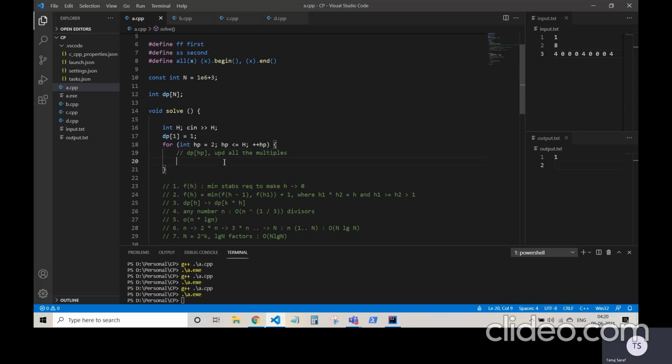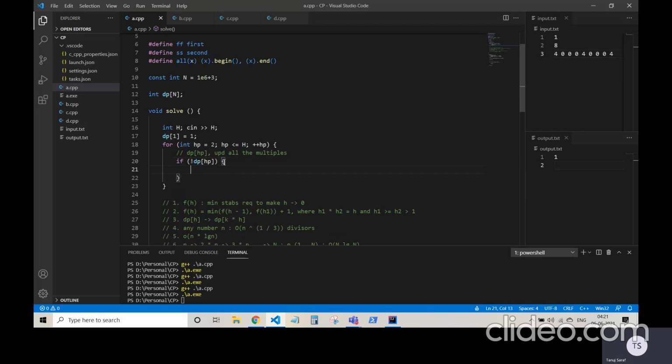So let's say if this dp has not been initialized till now, if the value of this is 0, then I know that this is probably some prime number which I have not reached till now, because when I'm iterating over the multiples, I've already covered some values, but I would never have touched upon a prime number, right?